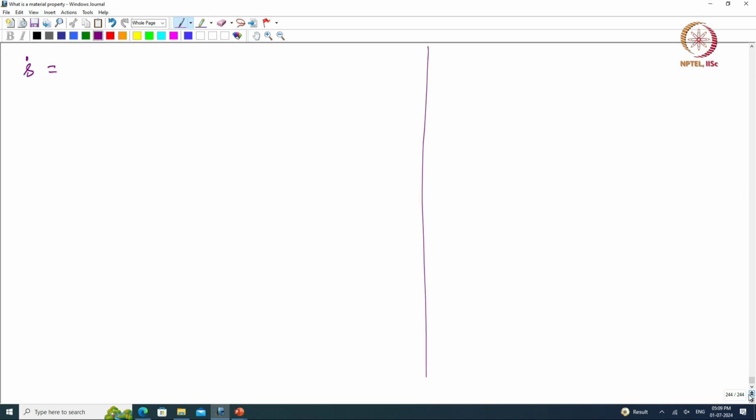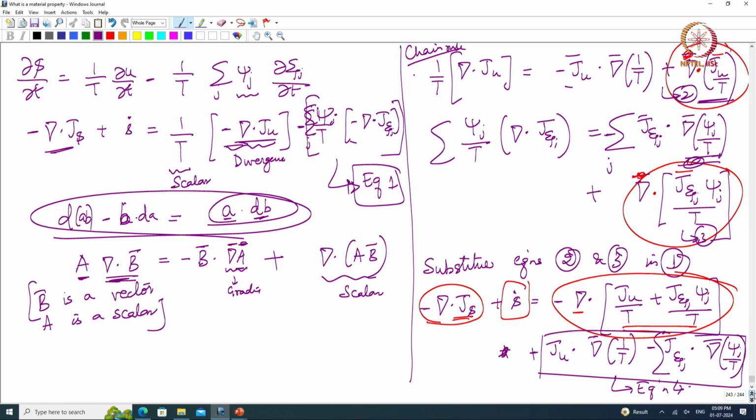So J u times 1 by T, okay, minus sigma j epsilon j dotted with the gradient of psi j by T, okay, great.